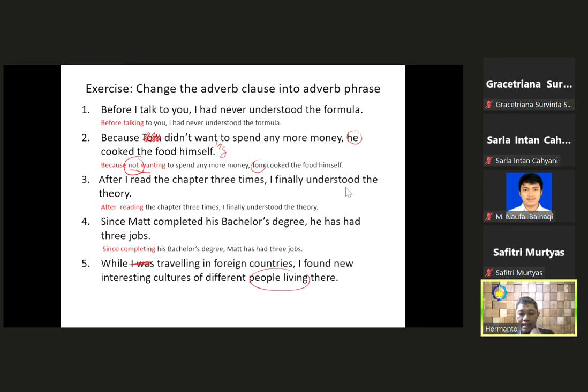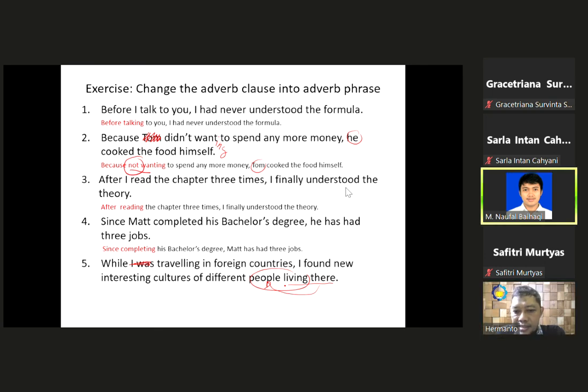So anybody can explain why it is different people living there? So living there is an adjective phrase to modify people. What is the adjective clause from people living there? Naufal? Who.